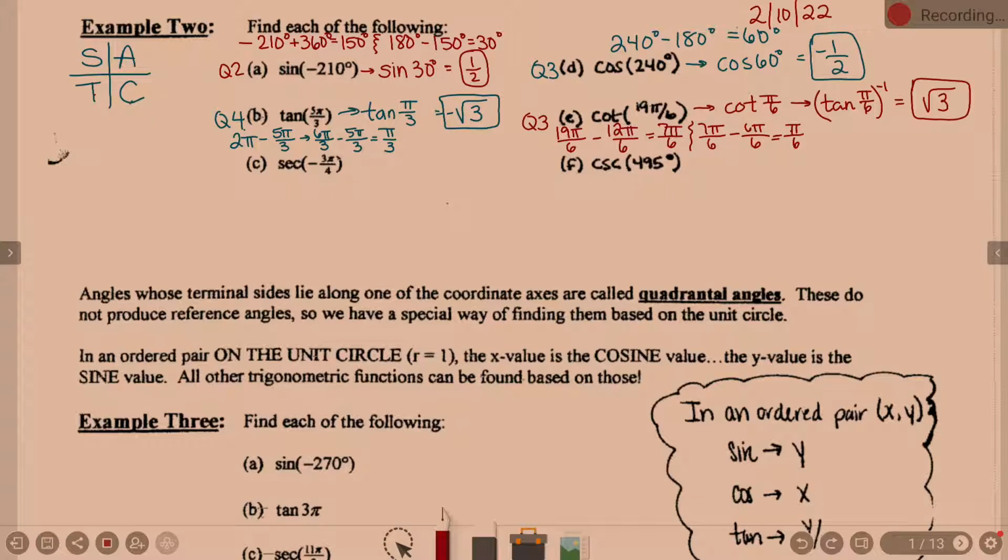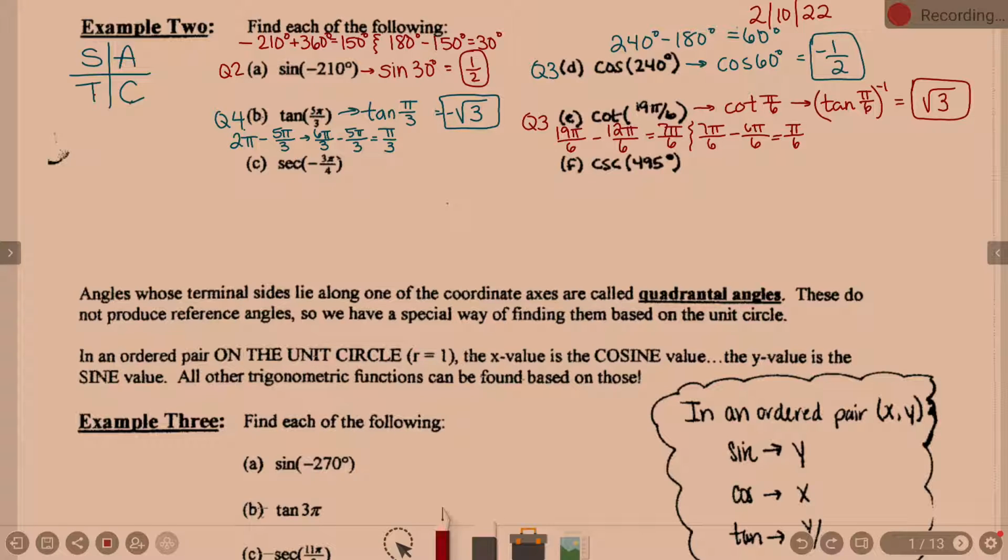Secant of negative 3 pi over 4. Thoughts about negative 3 pi over 4? Are you okay with the negative, and do you know where negative 3 pi over 4 ends up? If so, work with it.